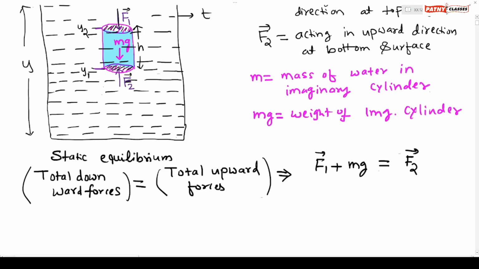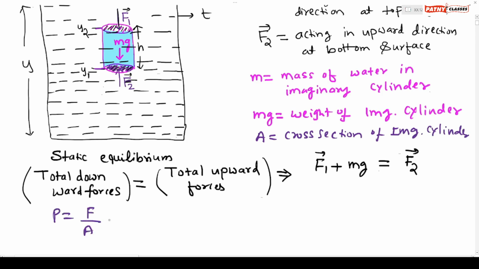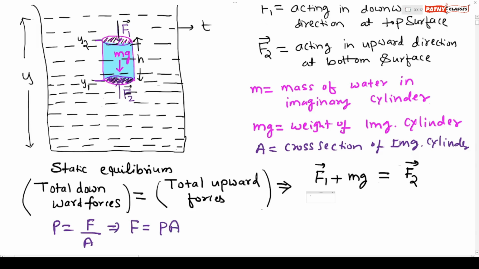Let A be the cross section of the imaginary cylinder. And we know that pressure equals force upon area. So force equals pressure multiplied by area.